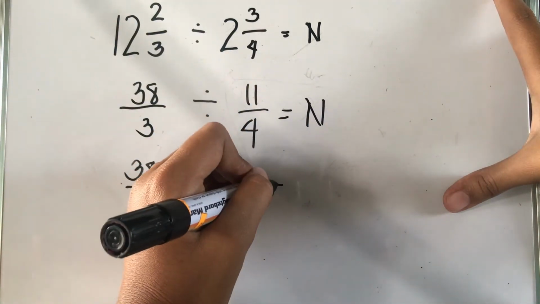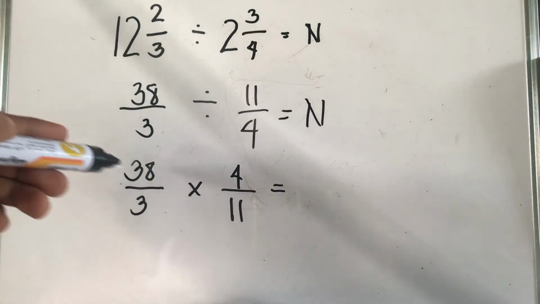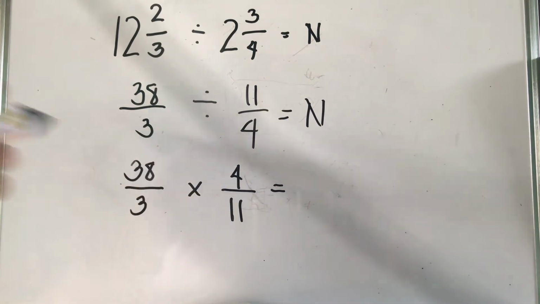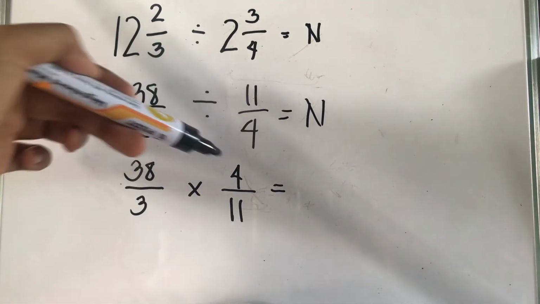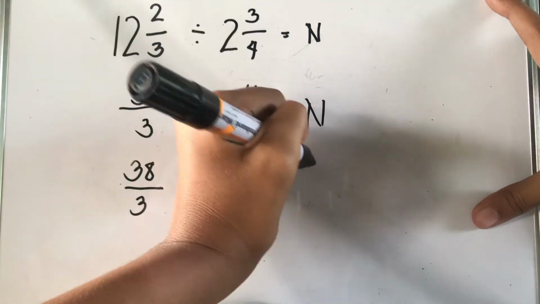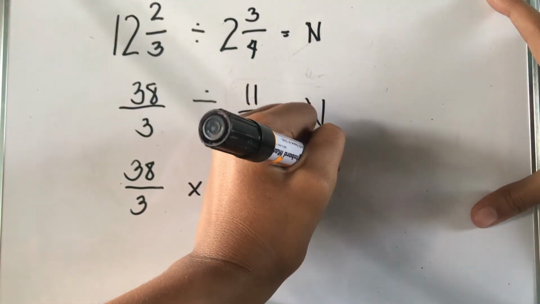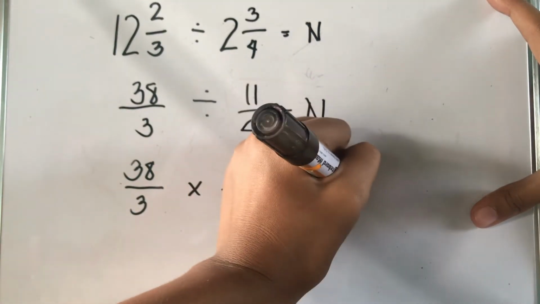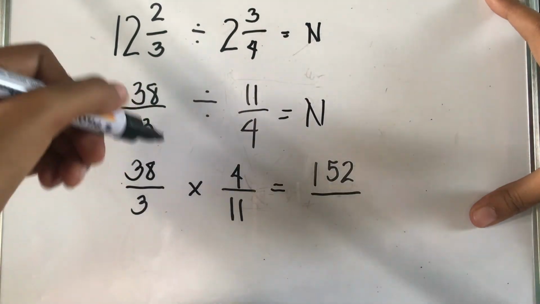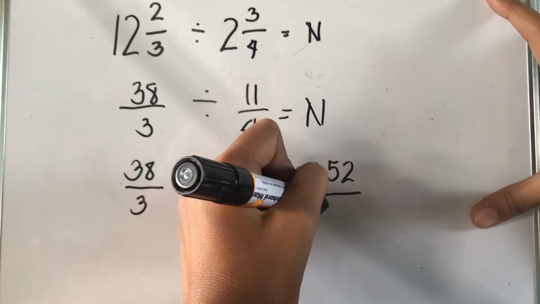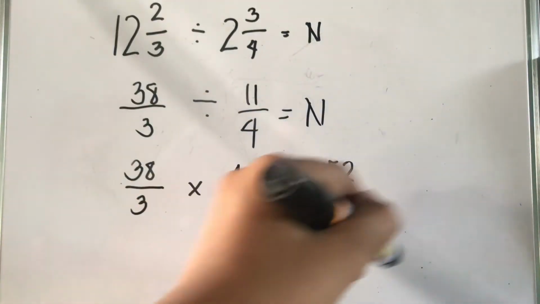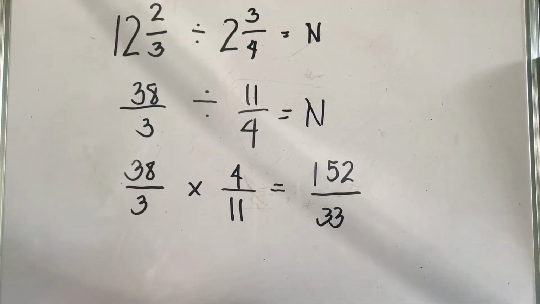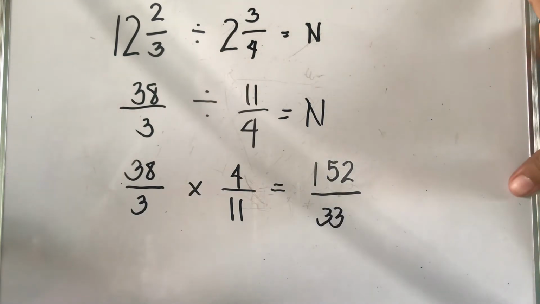Since these numbers are already in their lowest forms, we just multiply them directly. 38 times 4 equals 152 over 3 times 11 equals 33. Now this is an improper fraction, so we need to change it to its lowest form.